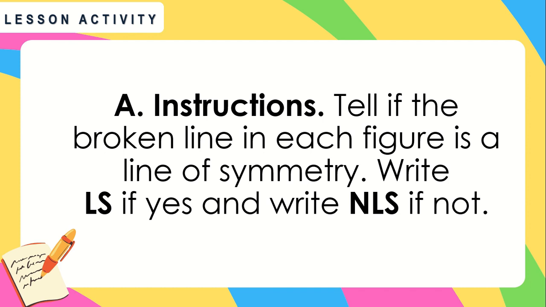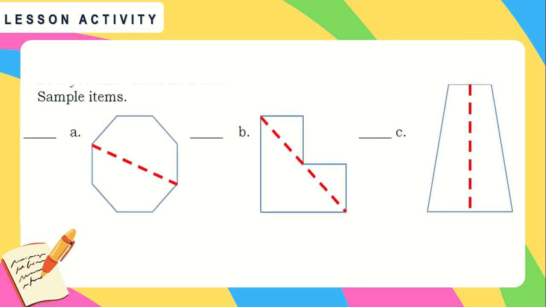For the lesson activity, we have here the instruction. Tell if the broken line in each figure is a line of symmetry, write LS if yes, and write NLS if not. Here are the items.